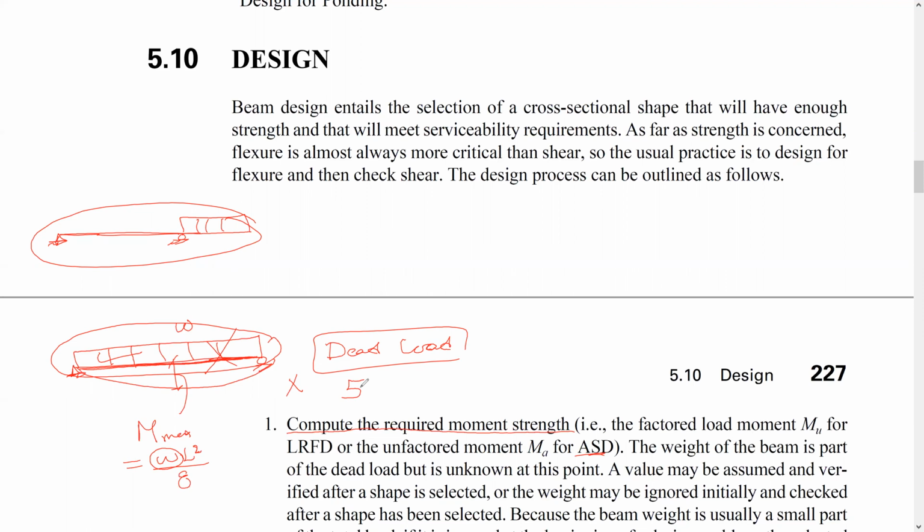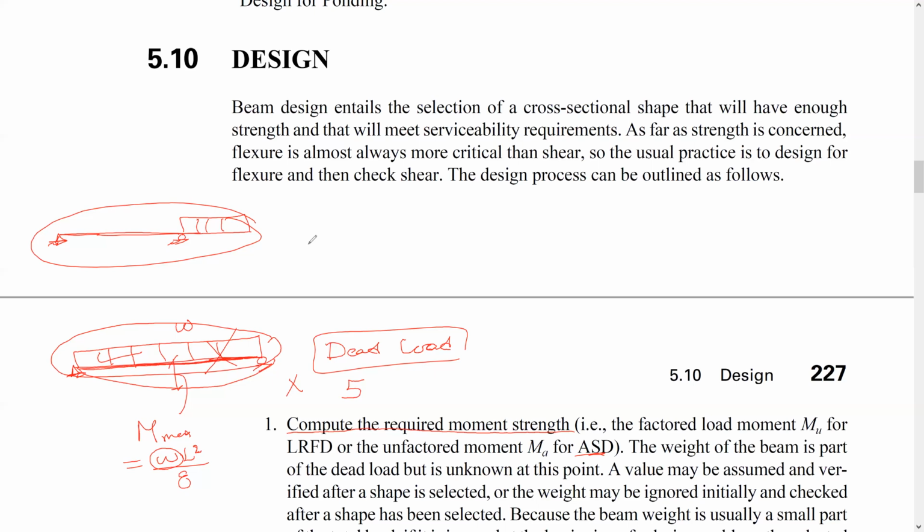But all the time when you do assume something, you have to verify your assumption later. يعني إذا عملت assumption هون بعد ما تختار السكشن لازم تعمل verification، يعني تأكيد إنه فعليا اختيارك it's okay or not. So all the time let's neglect the self weight of the beam. We'll continue as if it's zero. Once we select the beam cross section, we will include that and recalculate the moment to see if we are still safe or not. وطبعا usually it's not a big deal، راح نكون إن شاء الله تمام حتى بعد ما نضمن اللي هو self weight.